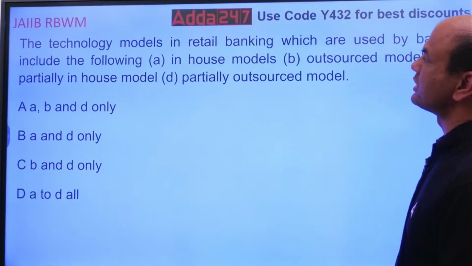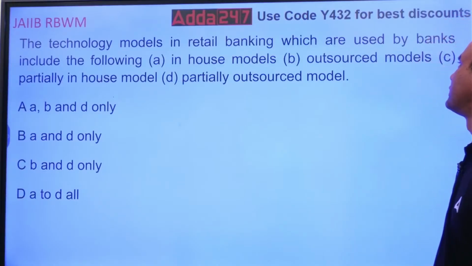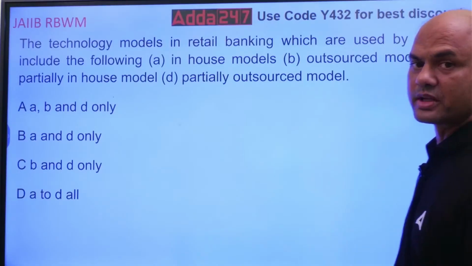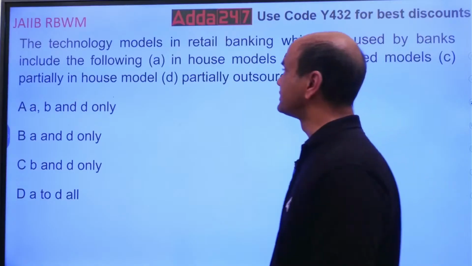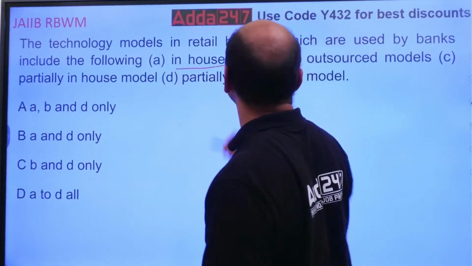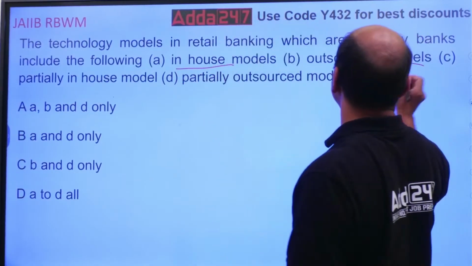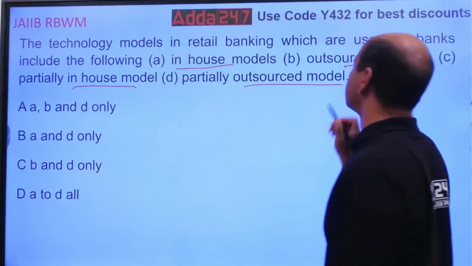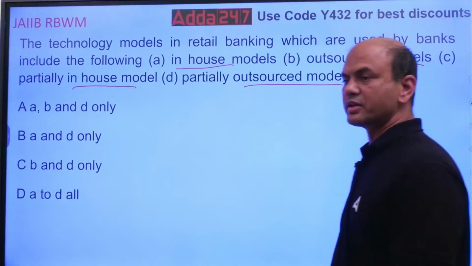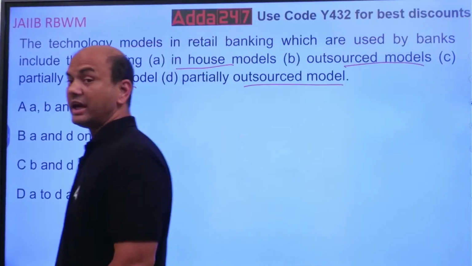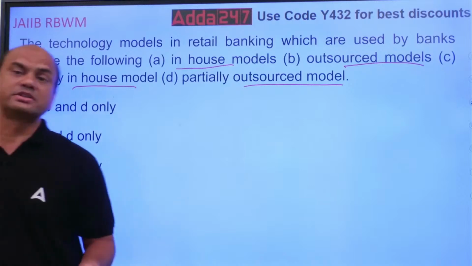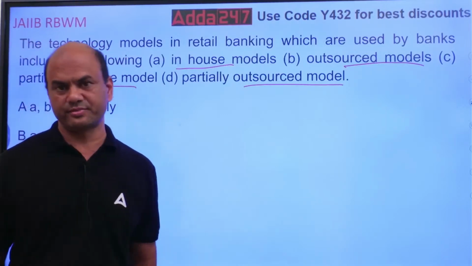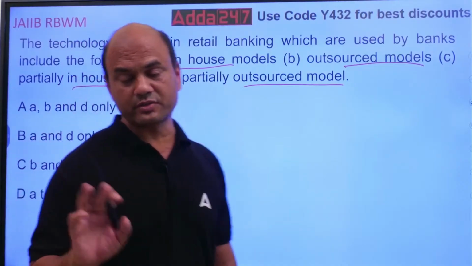The technology models in retail banking which are used by the banks include the following. In-house, outsourced, partially in-house, partially outsourced. So which models are used by the banks? And now I'll ask you an additional question: which banks use which models? That is also the question.